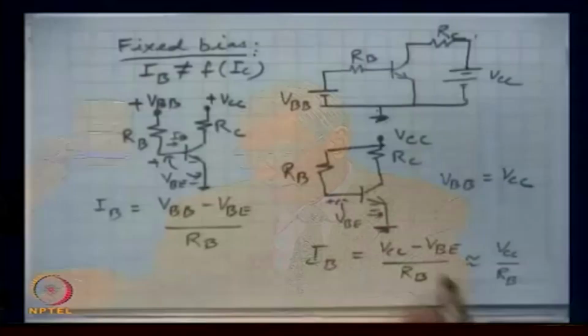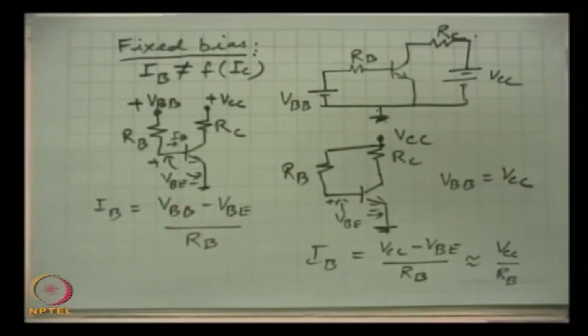So, remember one thing, that fixed bias is almost never used in transistor circuits, though it is simplest and the design and calculation are simple. The reason is that the circuit will show high instability. The Q point will shift as the temperature goes up or you replace one device with the other.